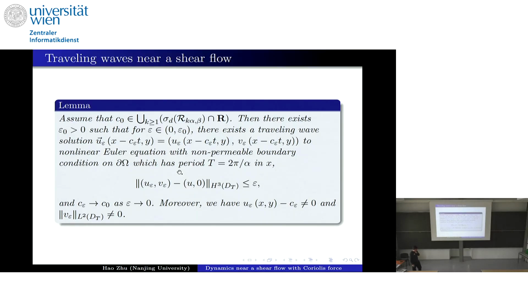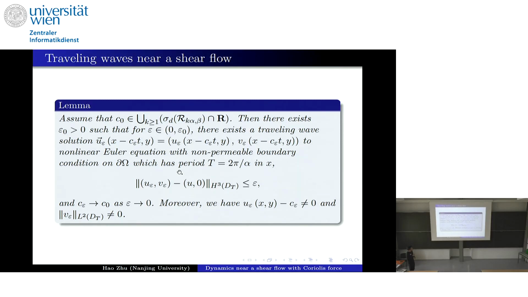So these traveling waves are mainly due to the isolated real eigenvalues, and using bifurcation theory, we can construct such a family of traveling waves.